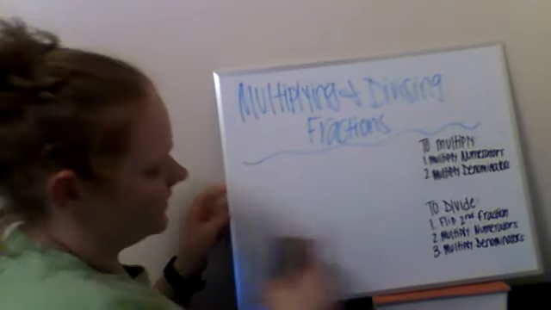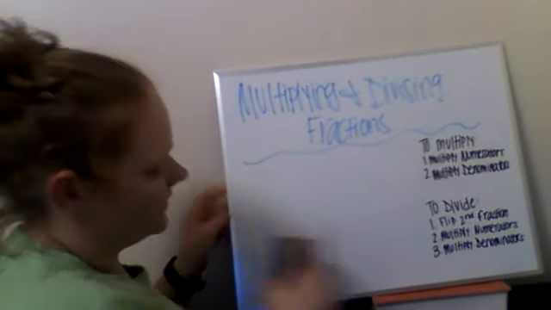I'm going to bring down my first fraction, 1/3, and now I'm going to multiply. I look at my numerators and multiply those. So 1 times 9 is 9. Then look at my denominators and multiply those. 3 times 8 is 24. So 1/3 divided by 8/9 is 9/24.